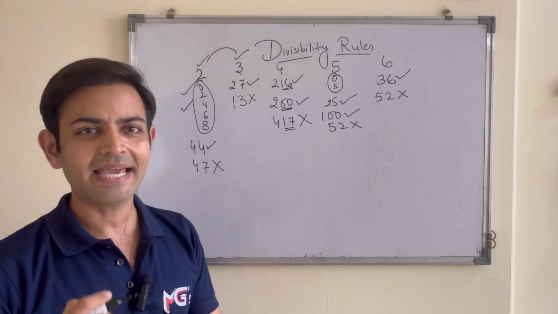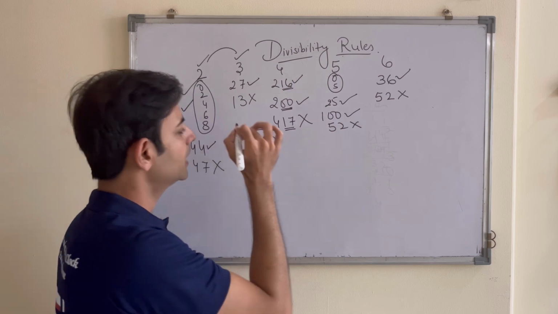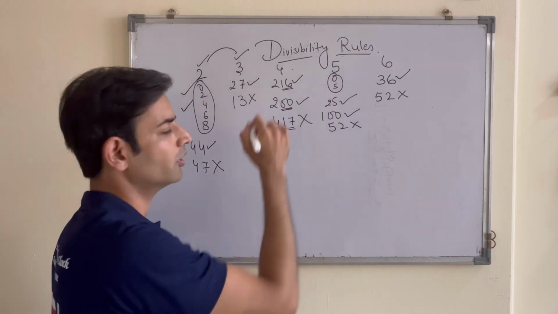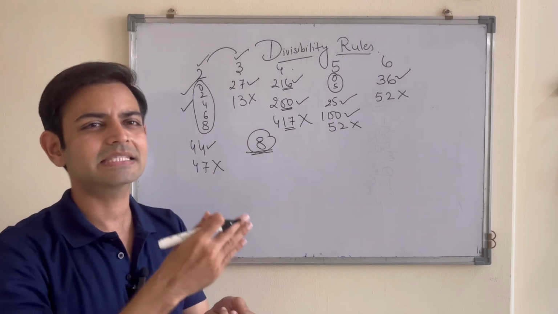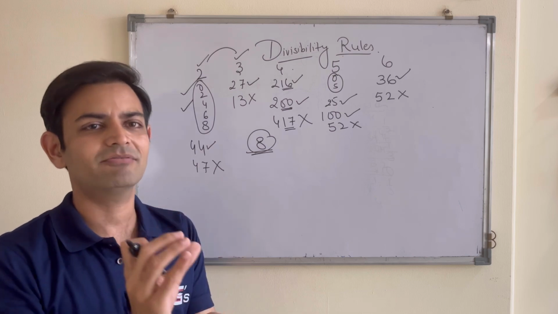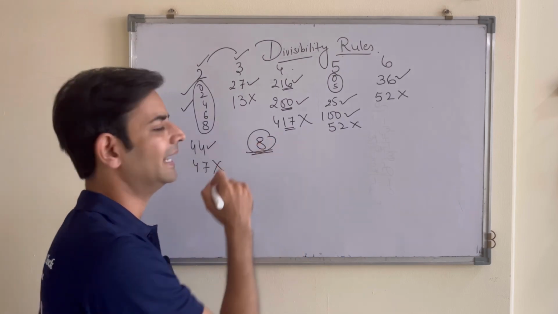Next we have divisibility rule of 8. The divisibility rule of 8 is very similar to what we have for 4. The difference is the last 3 digits, that is hundreds, tens and unit. These 3 digits have to be either triple zero or have to be divisible by 8.